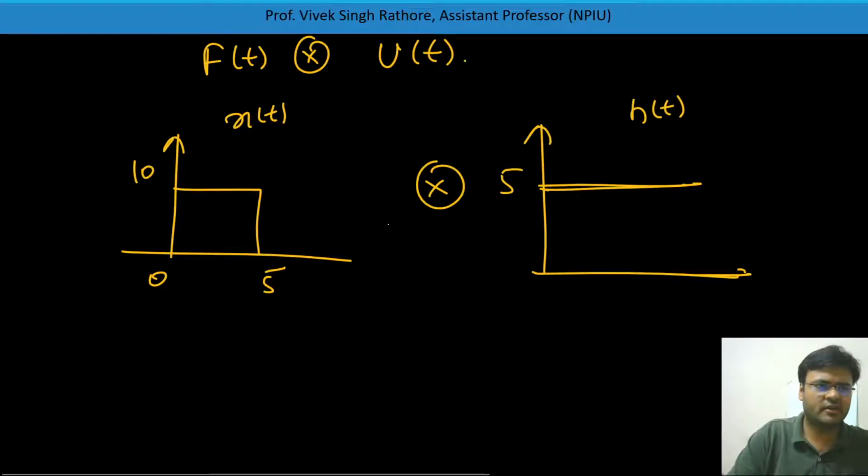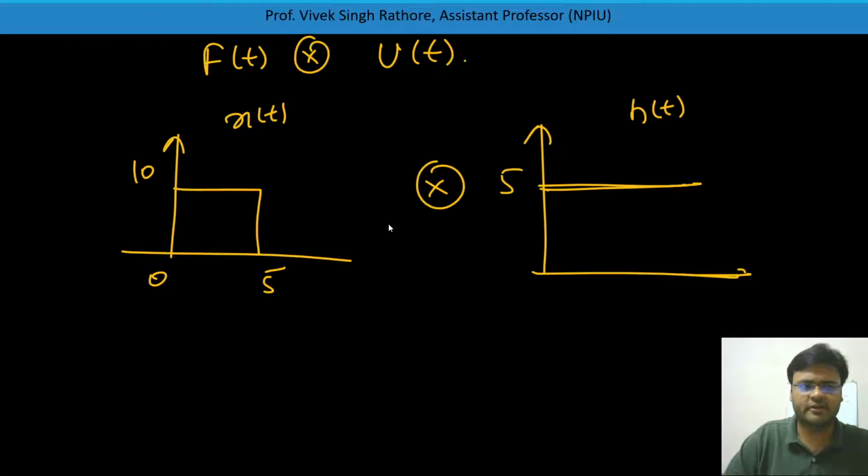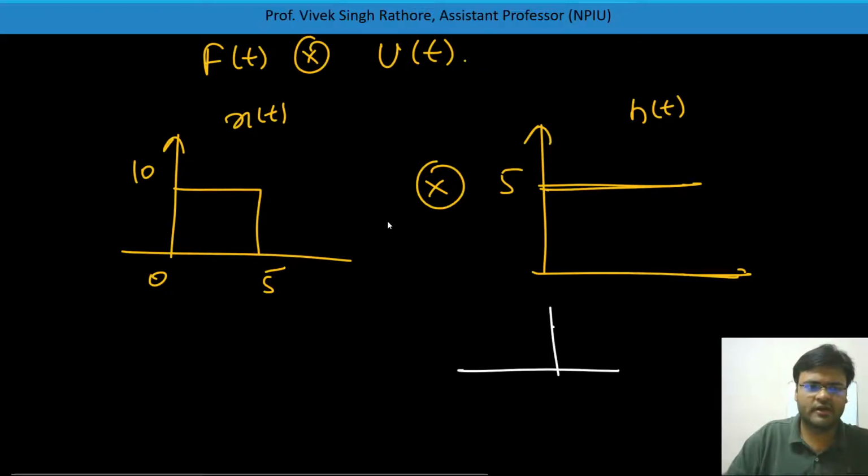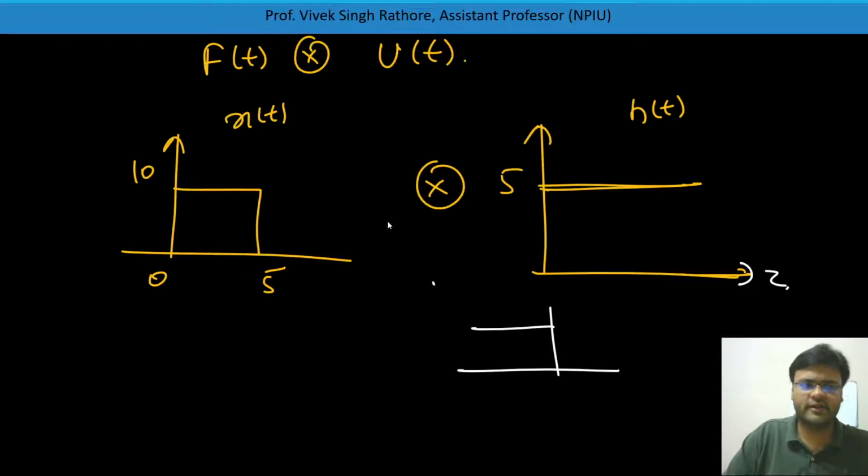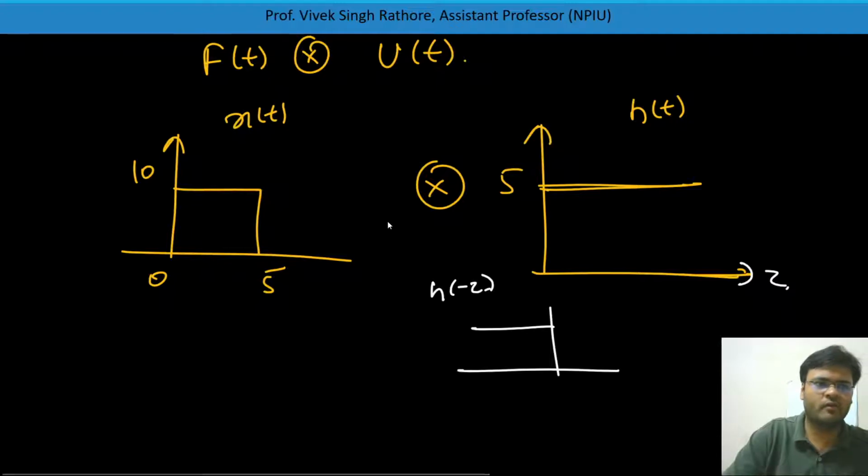Whenever a signal is convolved with a unit step signal, you should remember that first we go to the tau domain, reverse it to get h of minus tau, and then shift it to the right, and multiplication is there.